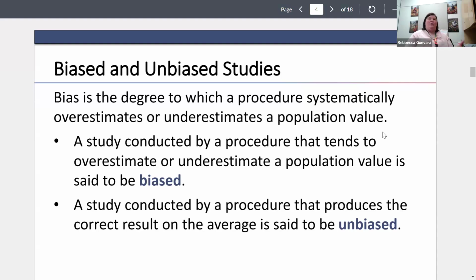That's what I mean by under and overestimating. We collected a sample that wasn't descriptive of the whole population. It was more geared towards people who have lower body temperatures, and that's what's going to cause that bias.